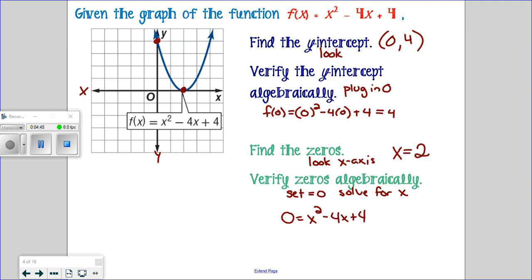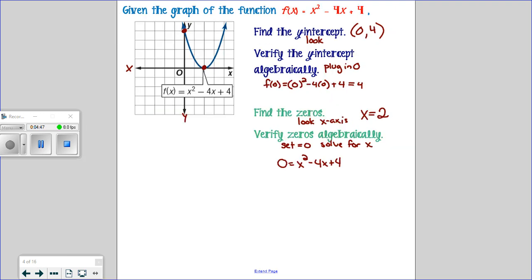Now I see x squareds, x's, and plain numbers, which means I need to either factor or use the quadratic formula to find my answer. Hopefully it's factorable. Factors of 4 that add up to -4. Our options would be 1 and 4 or 2 and 2. 2 and 2 works, right? -2, -2. Set anything that has an x equal to 0.